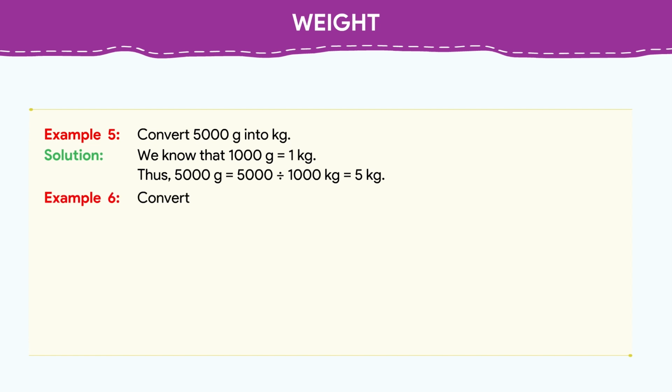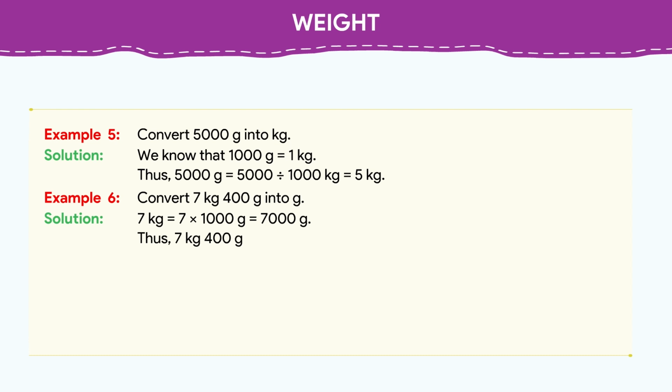Example 6. Convert 7 kilograms 400 g into g. Solution. 7 kilograms is equal to 7 times 1000 g is equal to 7000 g. Thus, 7 kilograms 400 g is equal to 7000 g plus 400 g is equal to 7400 g. Example 7.